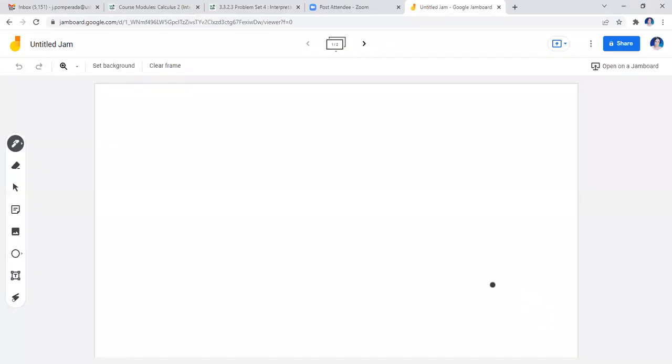I hope you could see the Jamboard. Let's start with the given. For our problem, you are given a pair of information, and then using that pair of information, you are to determine the unknown.